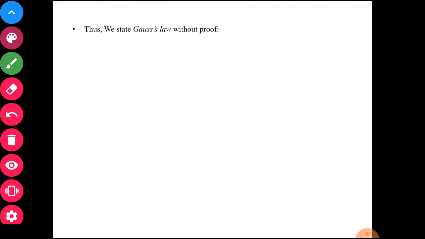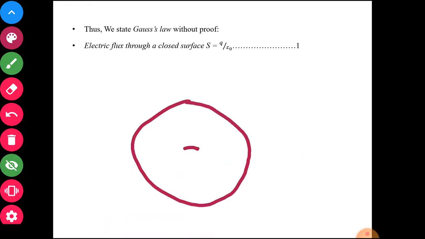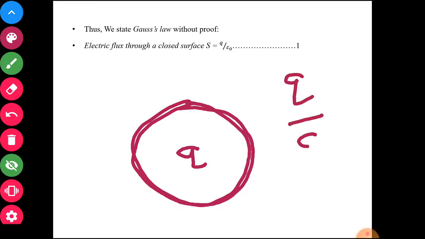So Gauss law can be understood as electric flux through a closed surface. Now try to understand, we had this closed surface, charge q was there at its center, so the electric flux which is passing through this closed spherical surface which we have taken into consideration is nothing but q upon epsilon 0.